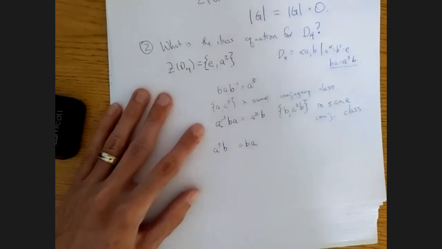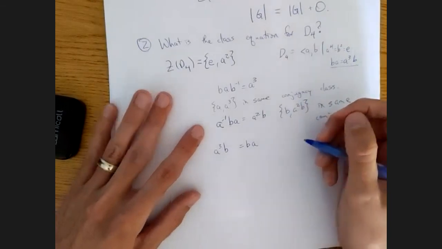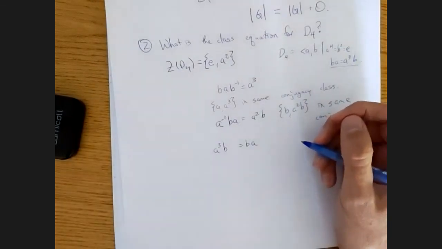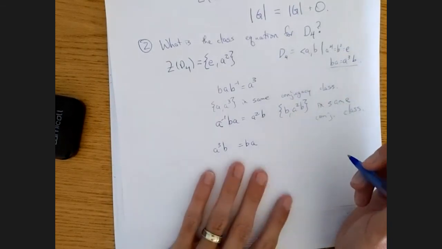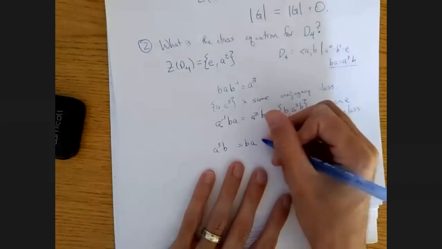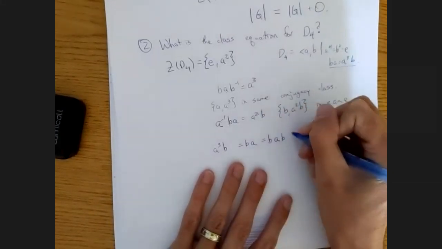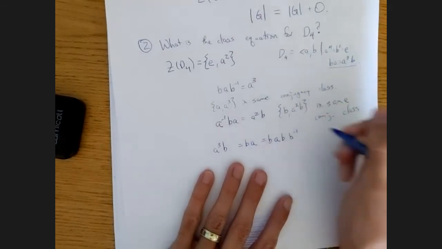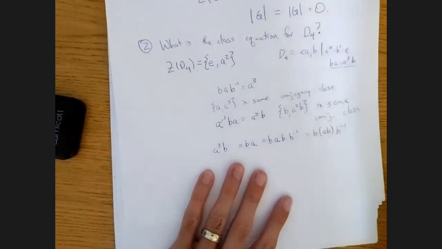That is BA, which is another way of writing B, AB, B inverse.